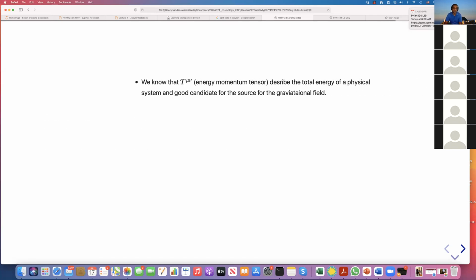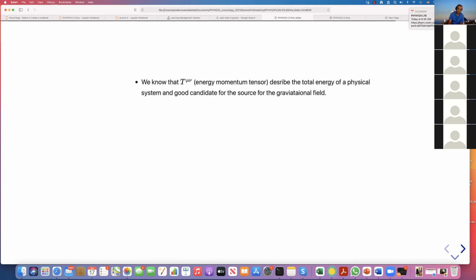Let's see. One thing that we know is T mu nu, which is the energy momentum tensor that we explained last Monday. That describes the total energy of a physical system. Remember that it had all these 16 components, which basically tells you all different types of sources of energies, right?